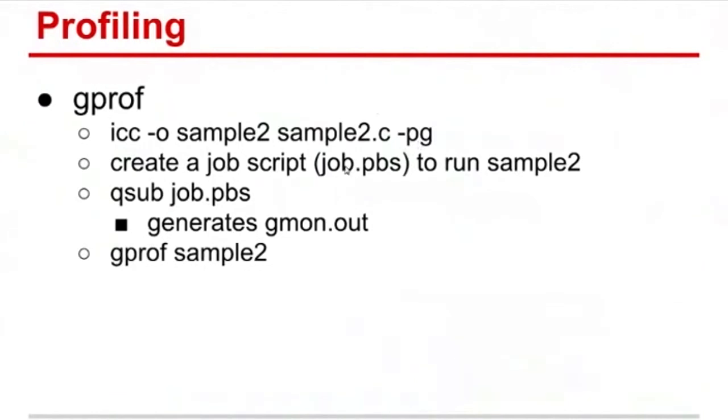And then you would create a job to run that. When you've run that, it creates an output file called gmon.out. And you can use another program called gprof to look at the output. It will give you a breakdown of how much time you're spending on each of the subroutines in your program. And that way you can try to optimize the part that it's spending a lot of time on.